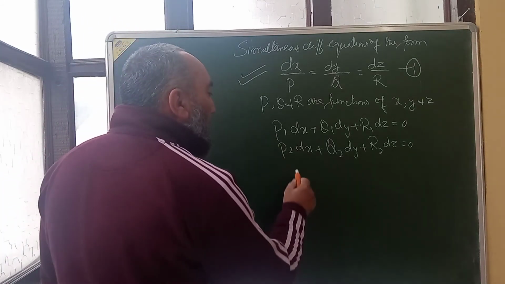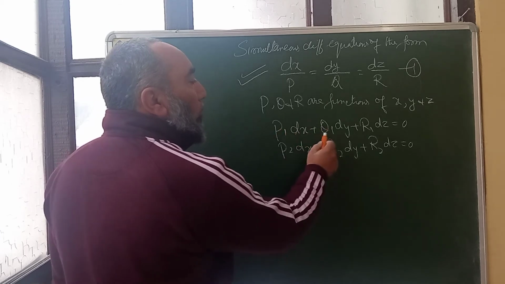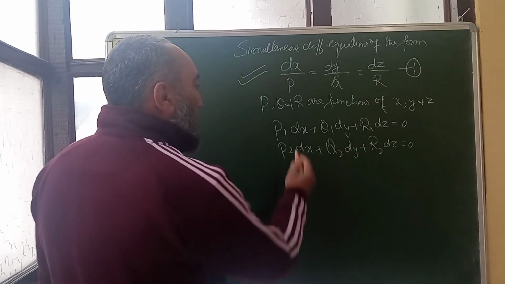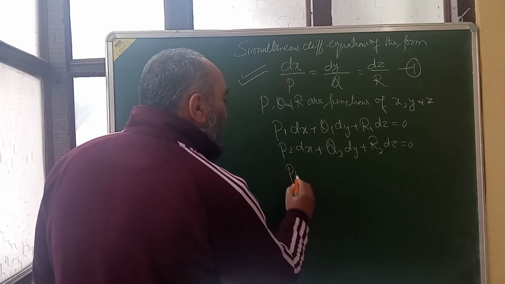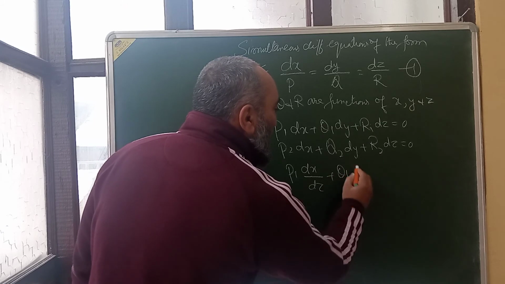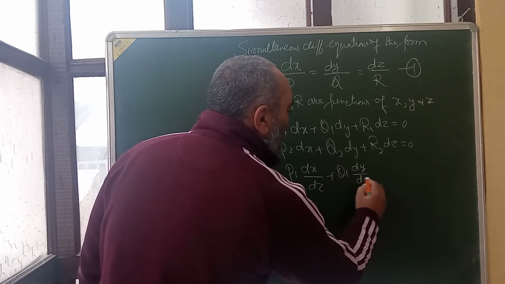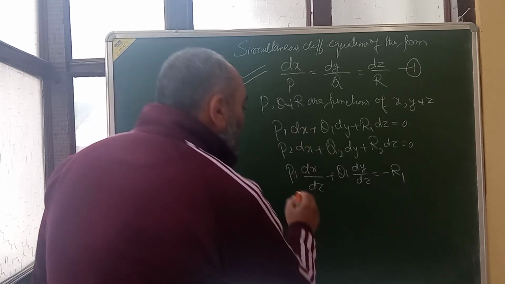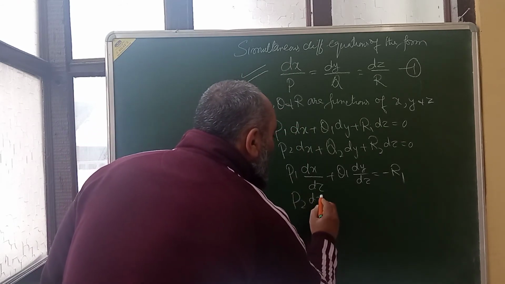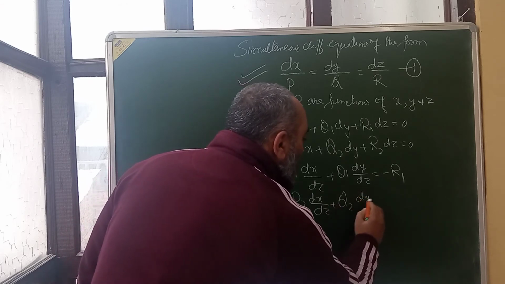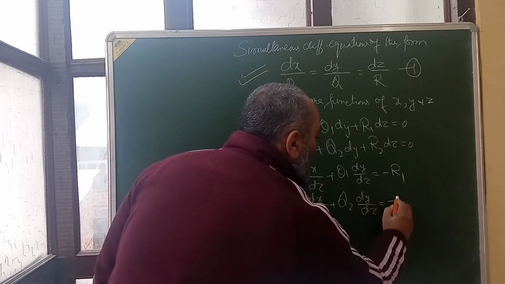Because these can be written as this, see, P1, Q1, R1, P2, Q2, R2 are functions of x, y and z. This can be written as P1 dx by dz plus Q1 dy by dz is equal to minus R1, and P2 dx by dz plus Q2 dy by dz is equal to minus R2.